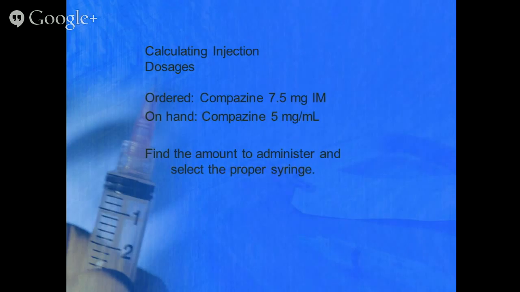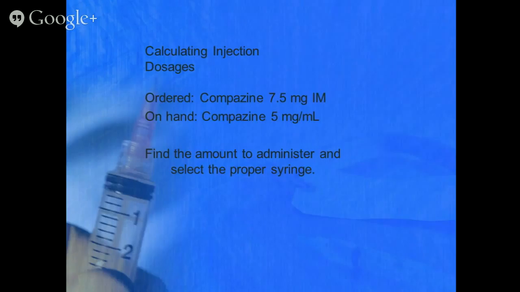If our ordered dose is 7.5 milligrams and on hand we have 5 milligrams. What's our ordered dose? 7.5 milligrams. What do we have on hand? 5 milligrams. How does it come?